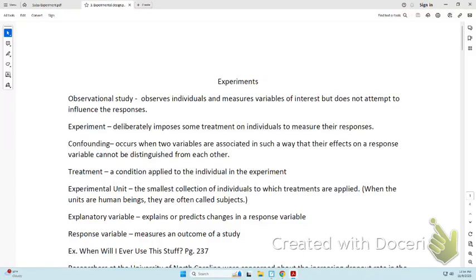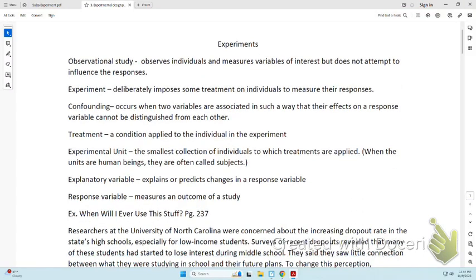In stats, we started experimental design, and here are some terms that we need to be aware of. Most of you have heard these things before. Any study is either an observation or an experiment, and the definition for experiment really clears things up. Are there treatments present?